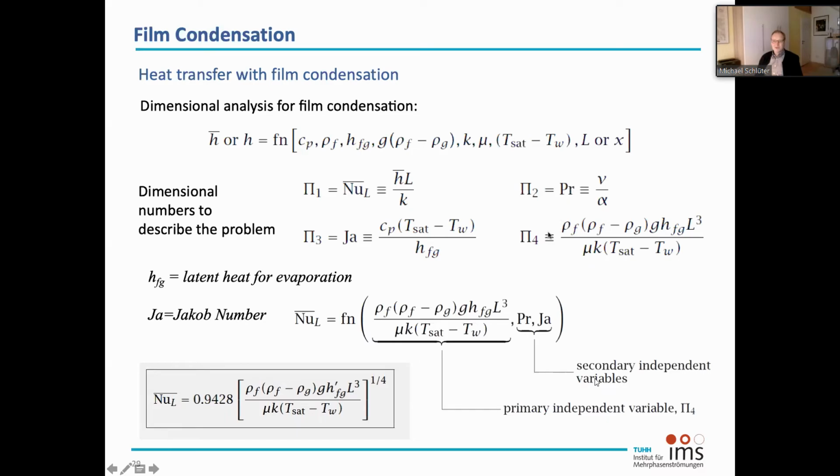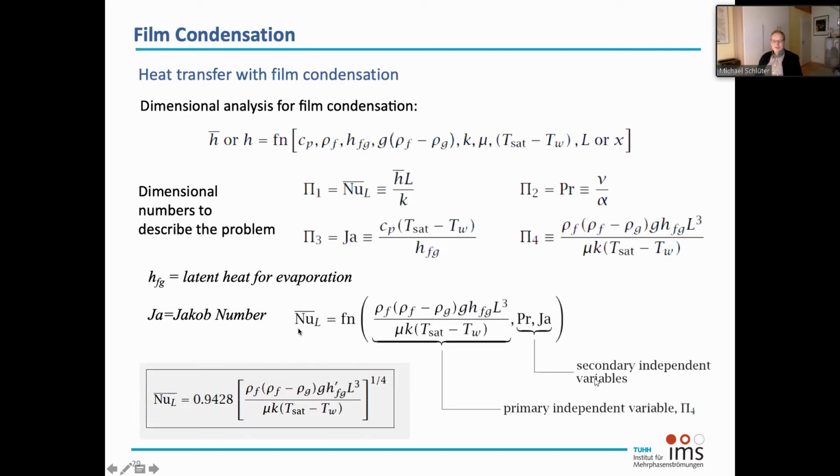We don't want to go too much into details here, but the Jakob number takes into account the evaporation and condensation latent heat. Here we have the latent heat for evaporation, and it gives us a ratio of the conductive heat transfer by the latent heat. This is the ratio. This gives us the Jakob number.